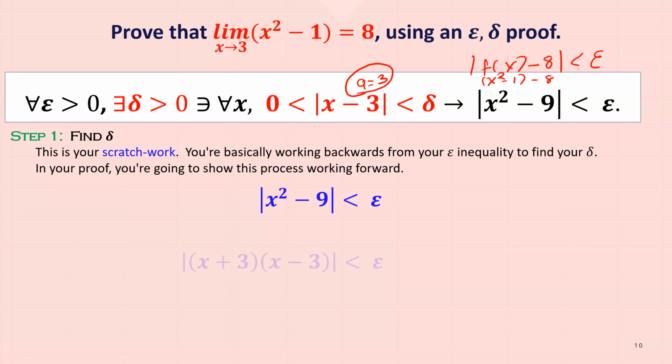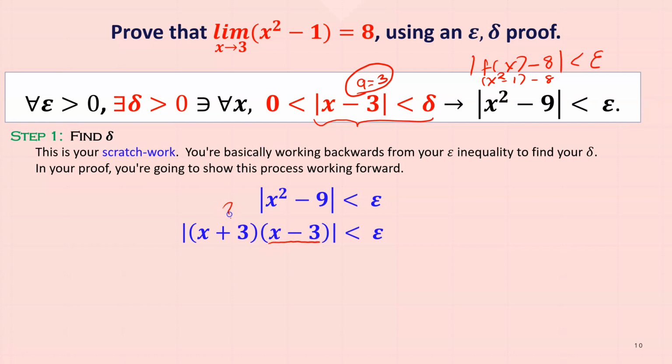Well, x squared minus 9 can be factored as x plus 3 times x minus 3. You can see the essence of this relationship right here. So the delta is going to happen somewhere right here. The question is, what is this x plus 3?